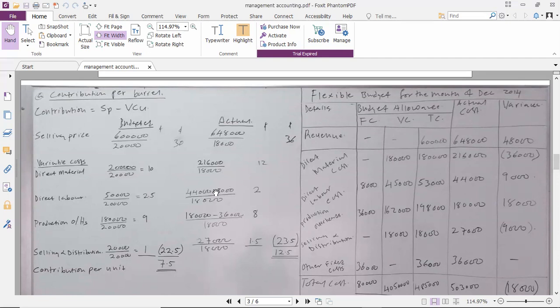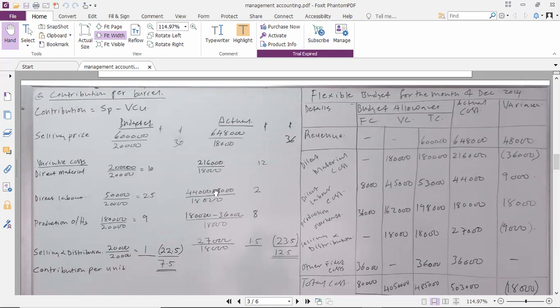So your duty is to look at the output. Budgeted output was 20,000, meaning we budgeted to produce 20,000. But how much did we end up producing? We ended up producing 18,000, meaning there was a decrease. So output has reduced by 2,000.